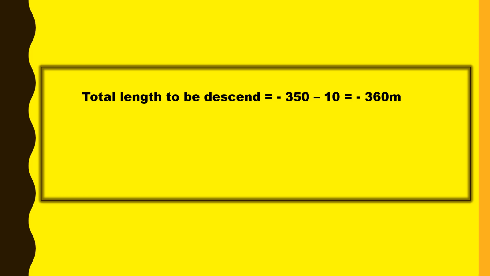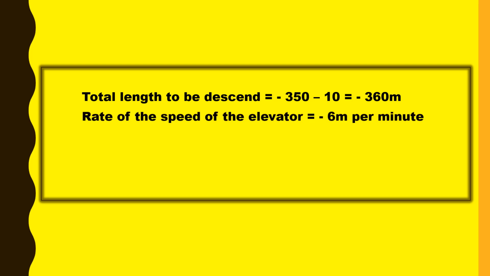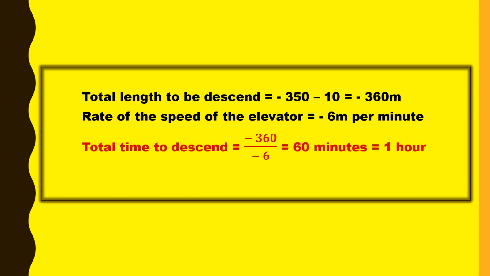Now the rate of speed of the elevator is, for 1 minute it is traveling -6 meters. As it is going down, we are taking negative. Our question is to find the total time, how much time it is taking to travel this total length of -360 meters.